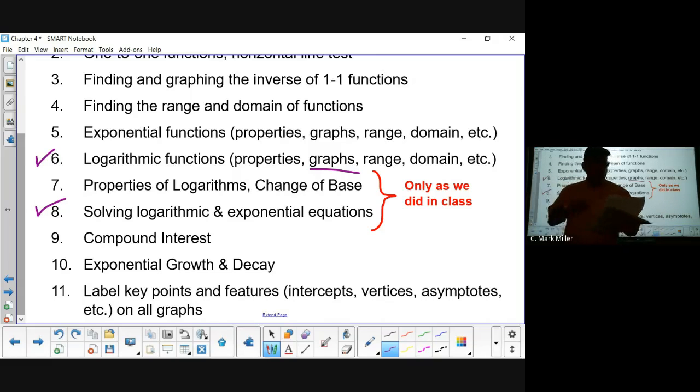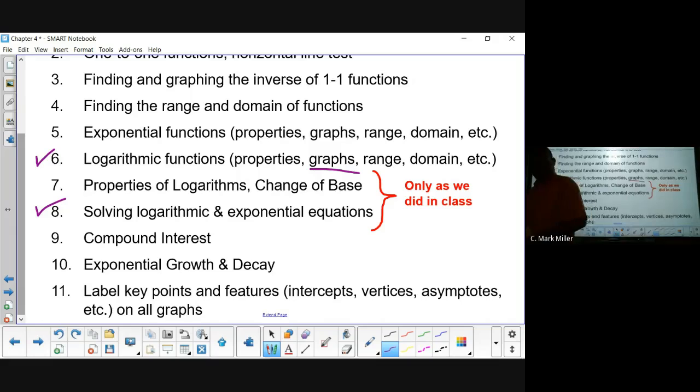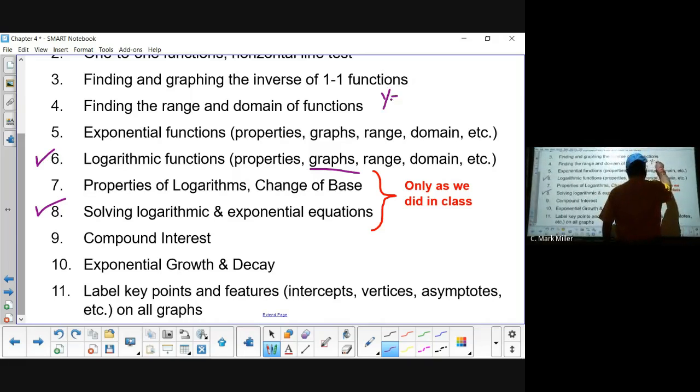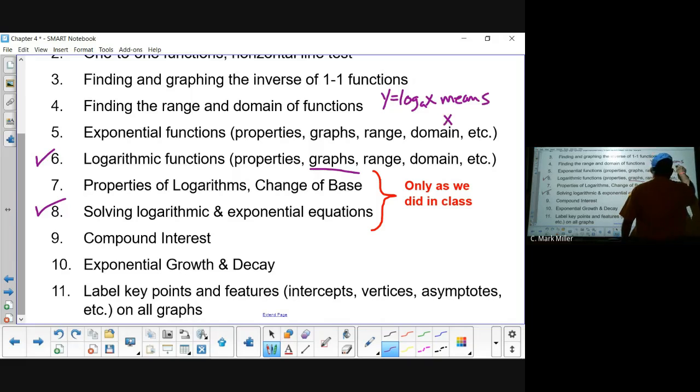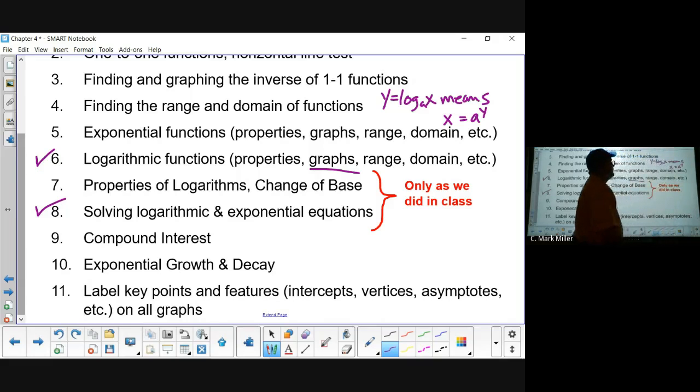So that's number 4. Number 3, you need to start off with the definition of a logarithm. y equals log base a of x means a to the y equals x.